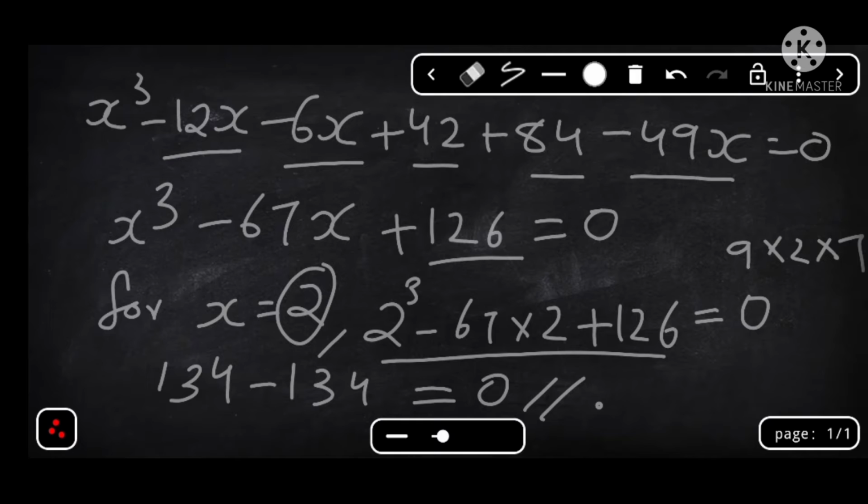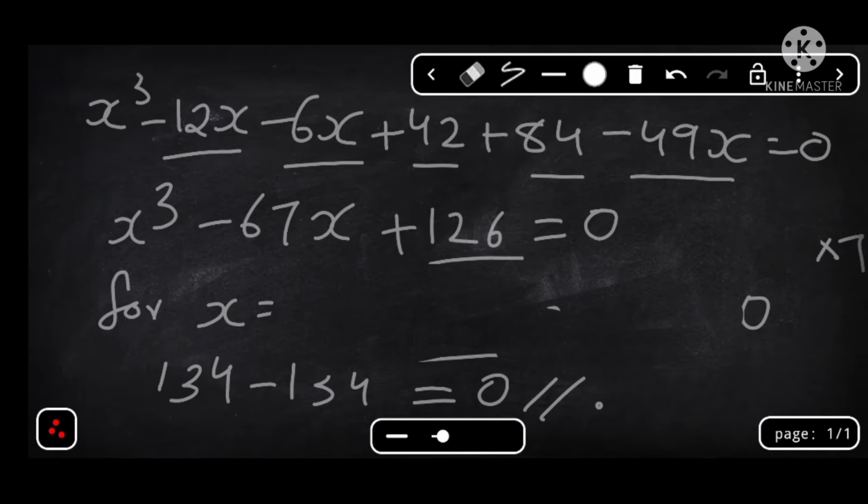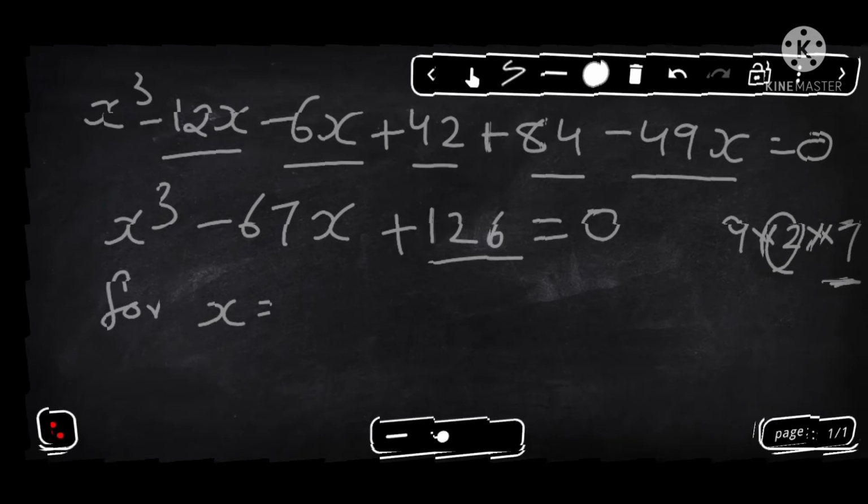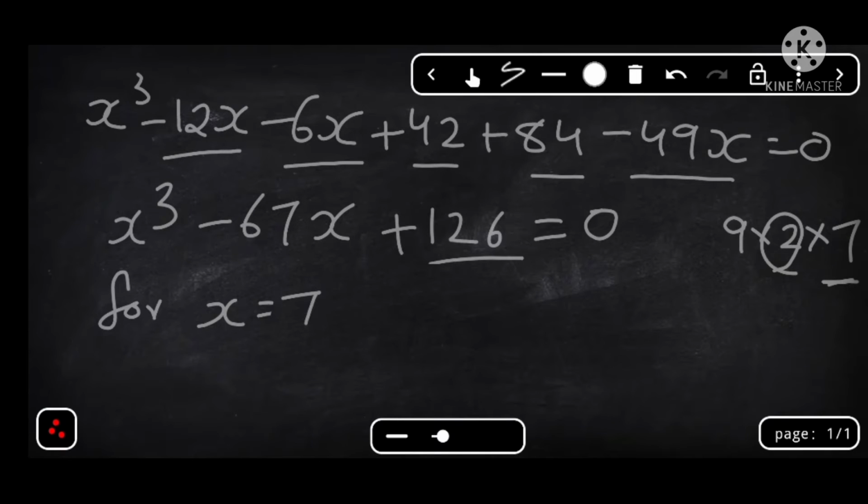Similarly, we have 9 into 2 into 7, right? So 2 we just checked, and it gives us 0. And if we take 7, so x equal to 7.